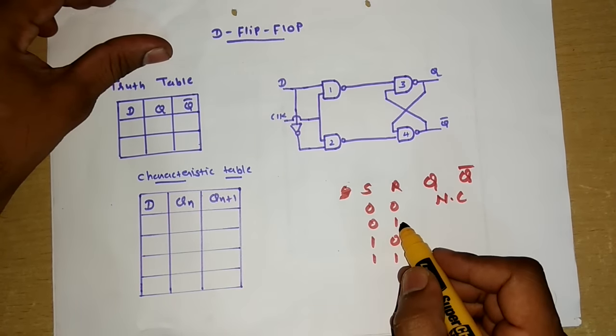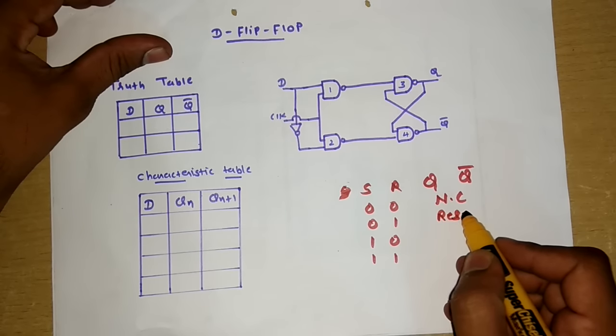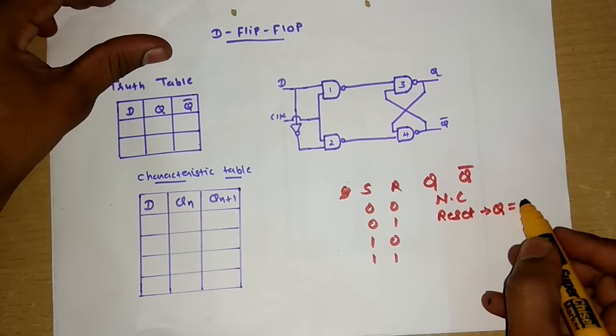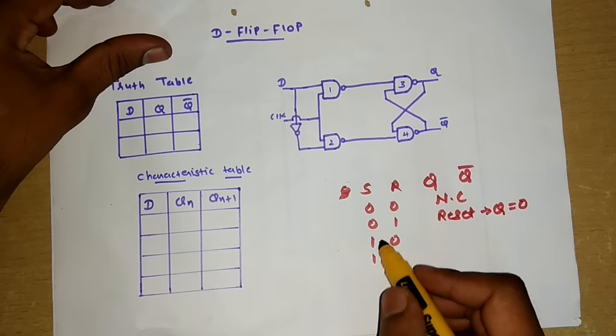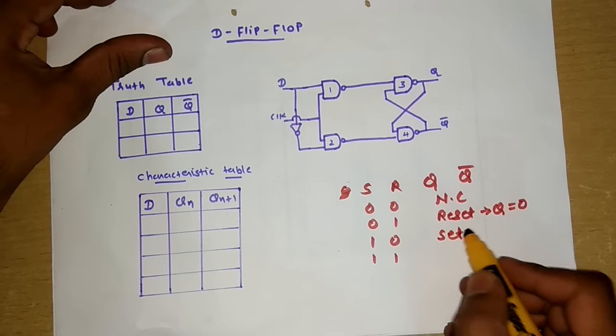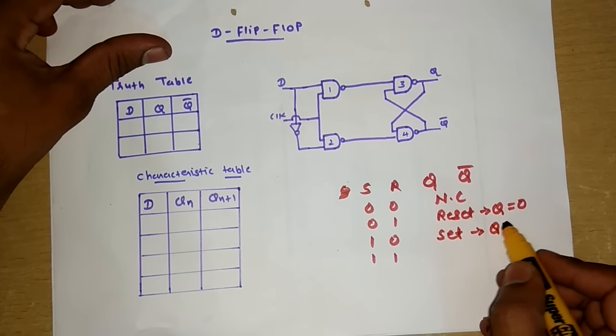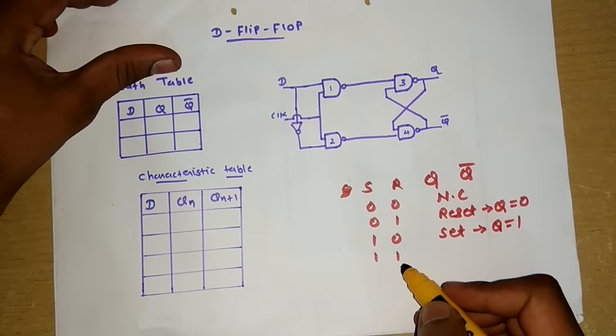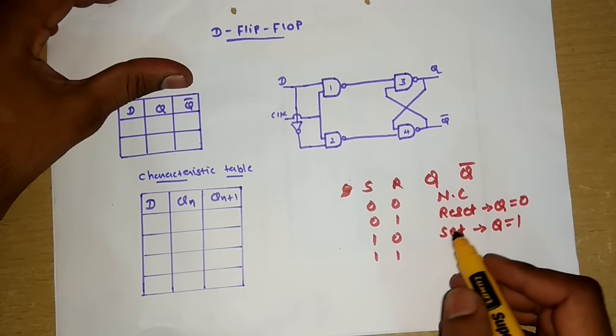When S is 0, R is 1, flip-flop goes into reset mode. I mean to say that at that time Q becomes 0. When S becomes 1 and R is equal to 0, flip-flop goes into the set mode. So Q becomes 1. But when there is a high input for S and R both, what happens? Flip-flop goes into invalid state.